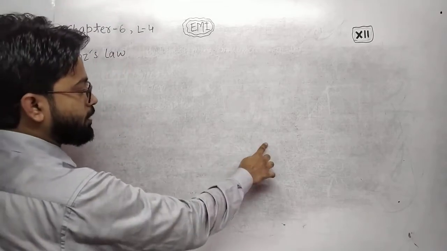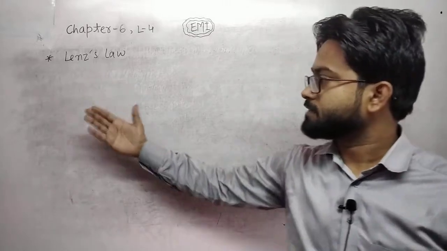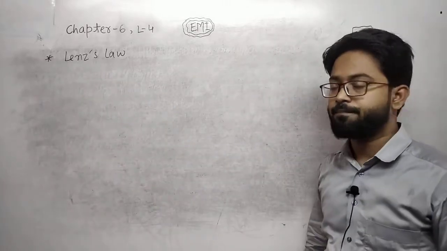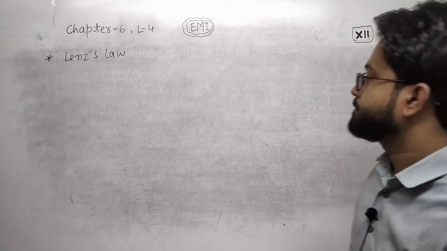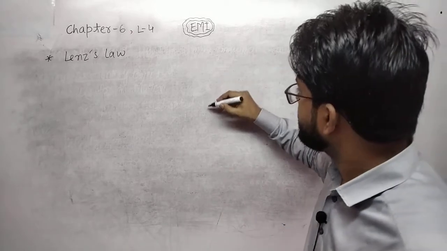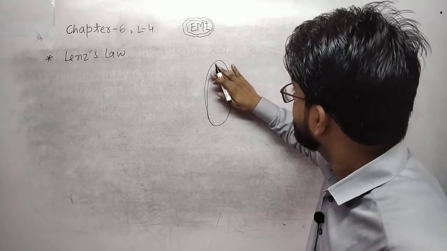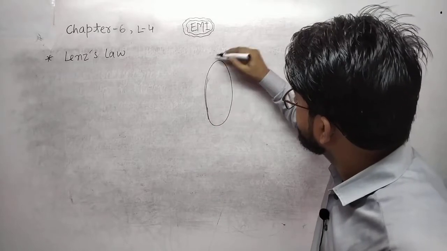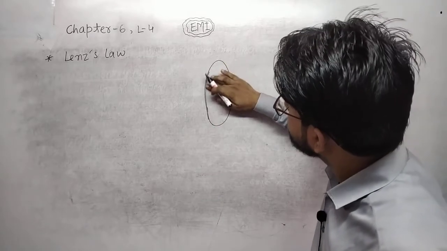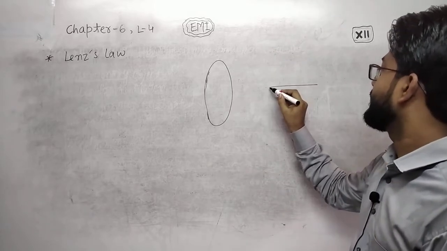Now let us see an experiment that was done by the scientist Lenz. What was the experiment? He took a coil and a magnet.